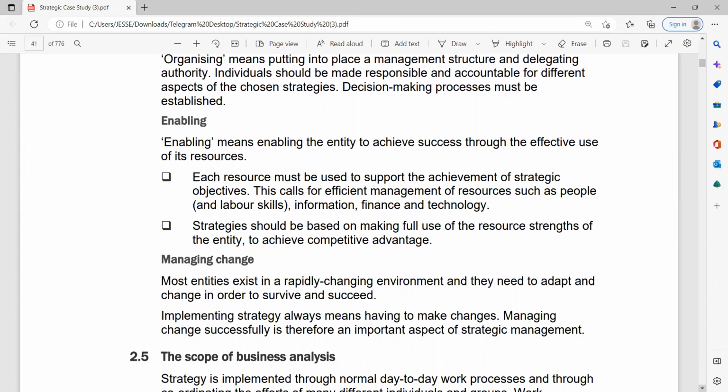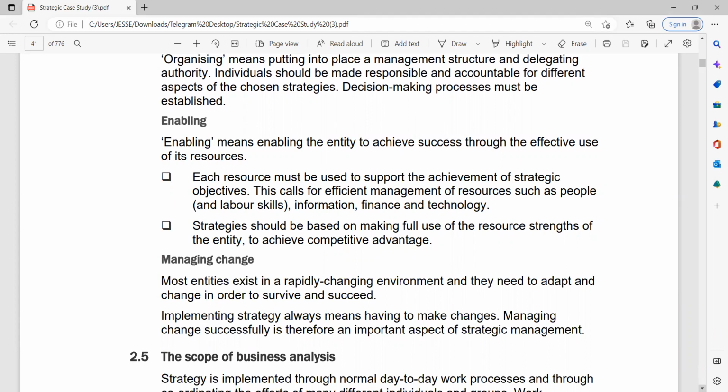If you don't have the resources to do what you've chosen, then it becomes quite difficult. So enabling means the effective use of resources. Each of these resources must be used to support the achievement of strategic objectives.